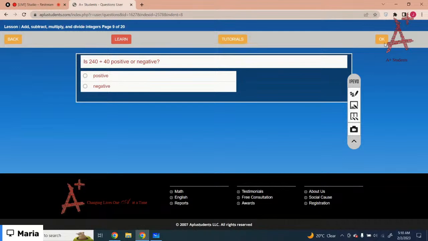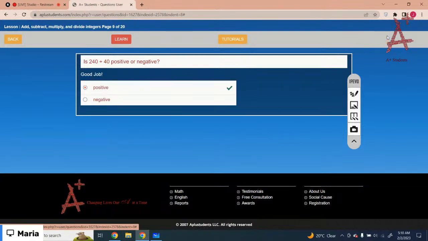Is 240 divided by 40 positive or negative? So 240 divided by 40, both the numbers are positive, so the answer must be positive. Got it? If both the numbers are positive, the answer is positive.